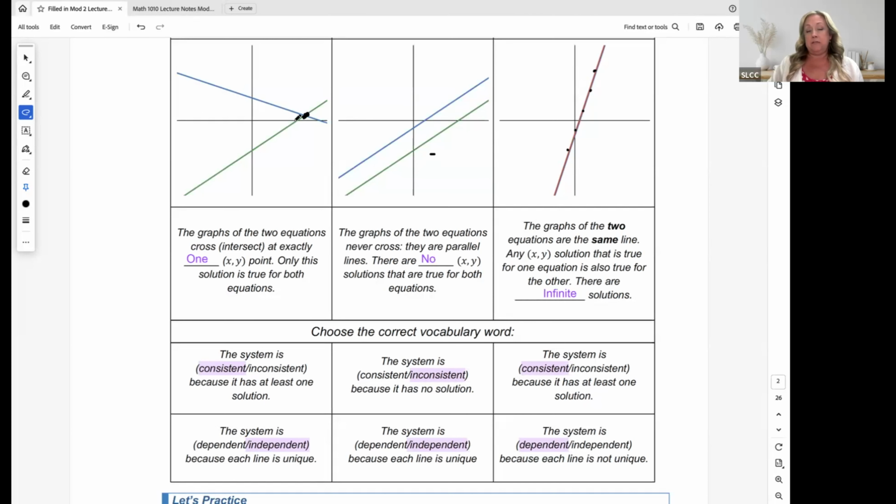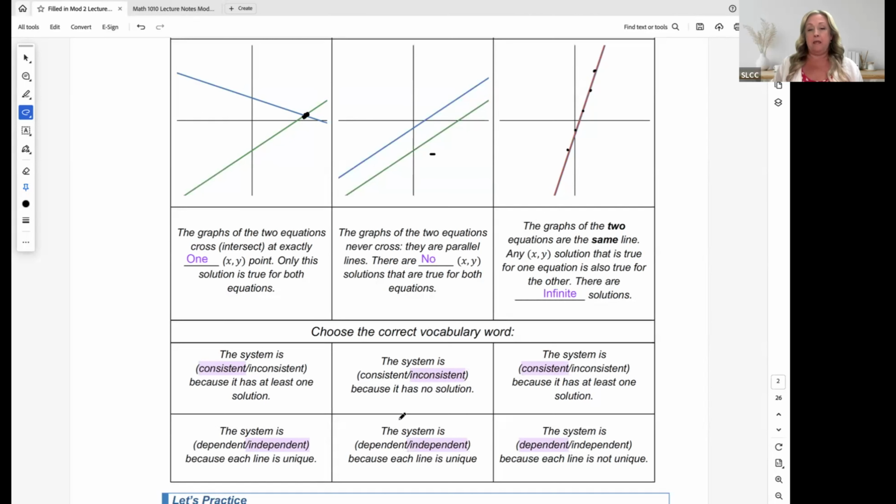Now, this first one where these lines cross at one point, the system is said to be independent because we can see those two lines are unique. They are different lines. They have a different slope.